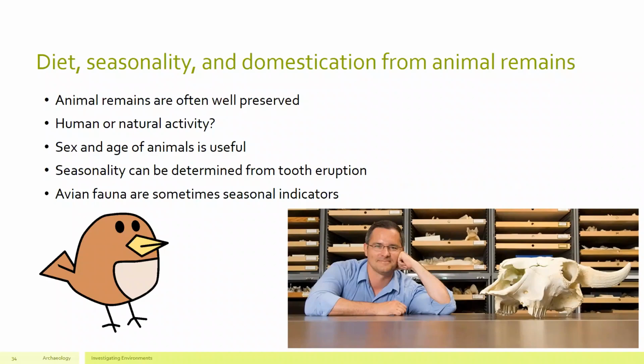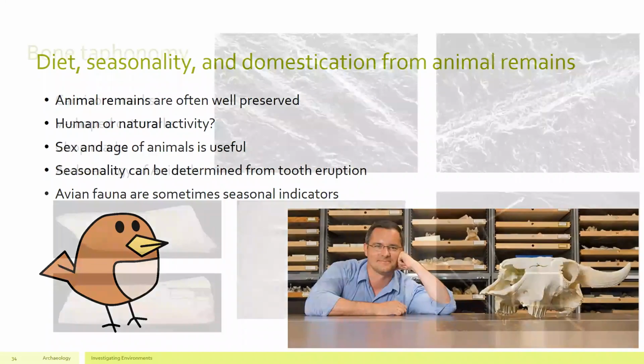Seasonality can be determined from tooth eruption sequences. If you have bird fauna, avian fauna, these are sometimes seasonal indicators. If it's a migratory waterfowl that you, say, find in a particular site in cooking hearths, you know that they were there at a particular time, on the assumption that migrating birds have a similar pattern today as they did in the prehistoric past.